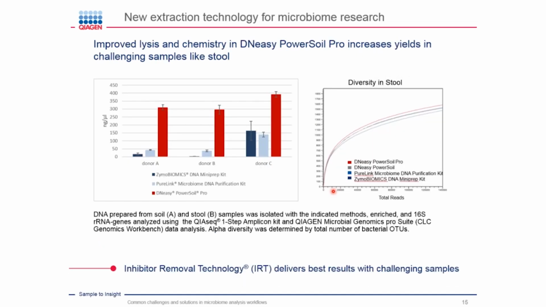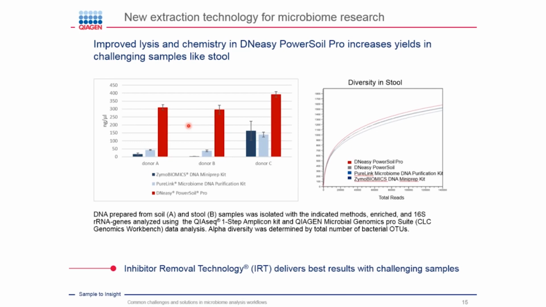So the PowerFecal Pro kit, which is containing, for example, this inhibitor removal technology, is not only giving you the security to have no PCR inhibitors in your sample. We also compared it with different stool samples and other vendors, and we can clearly indicate that we have the highest yields out of your sample. This means, on the other side, if you see it that way, to get more DNA out, you have to lyse more cells.